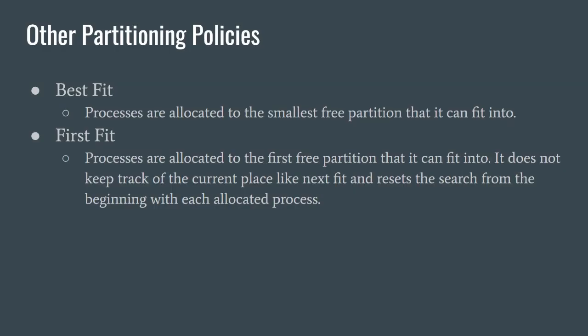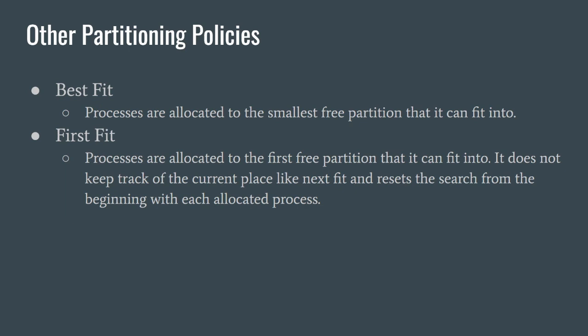So we'll move on to other partitioning policies. We have best fit, which is similar to worst fit, where we are looping through all of the available boxes and finding the one that is closest to the space of the process we are currently trying to allocate. So if we have a process of 700 and there is a box that has 700 space, we're going to put it there.